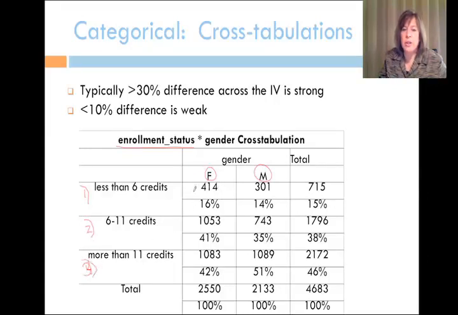So the first number in this cell, this is a cell, just shows the count. The percent shows the percentage of females that had less than 6 credits. The percentage of males that had less than 6 credits.